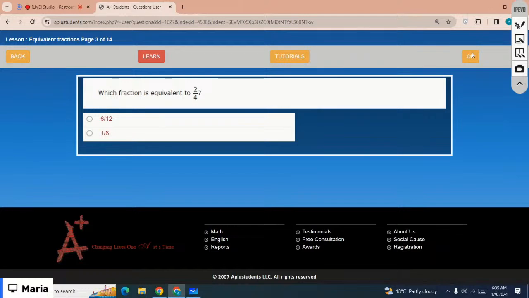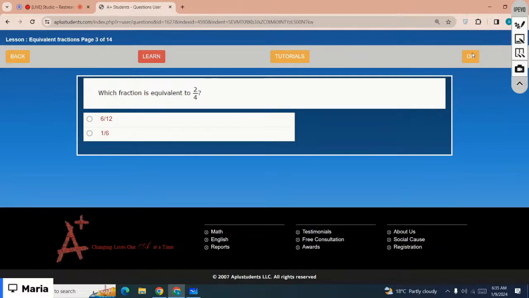That is 6 out of 12. You can multiply them by 3. You have a common number, so you can divide them by 2. But when you divide them by 2, they equal 1 over 2, not 1 over 6, right?